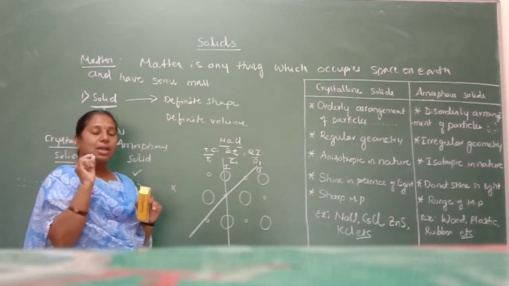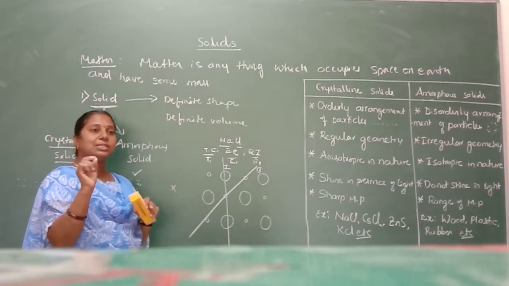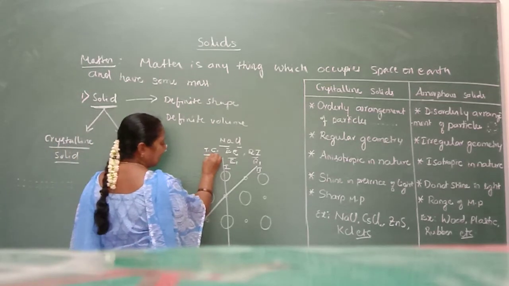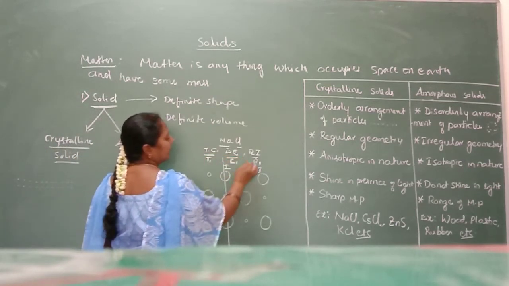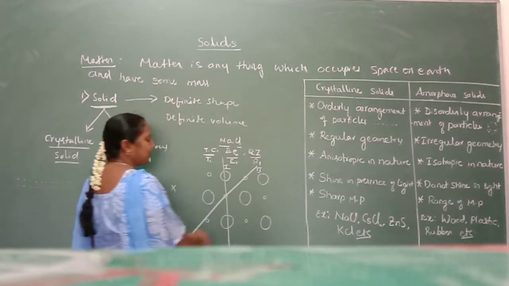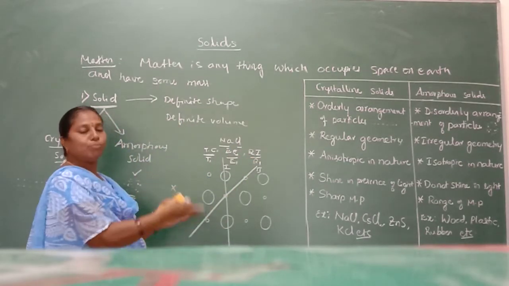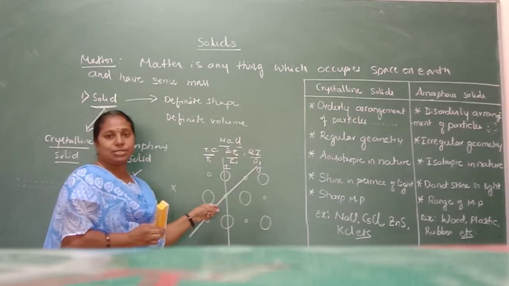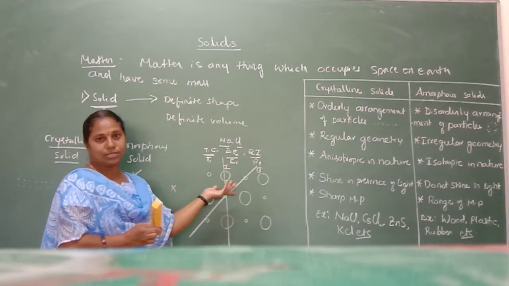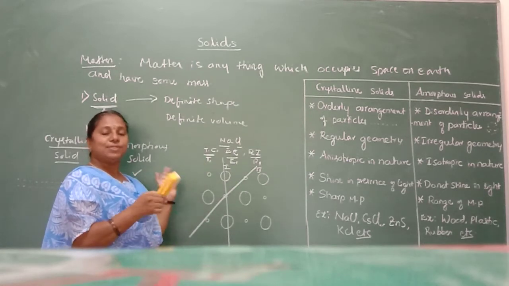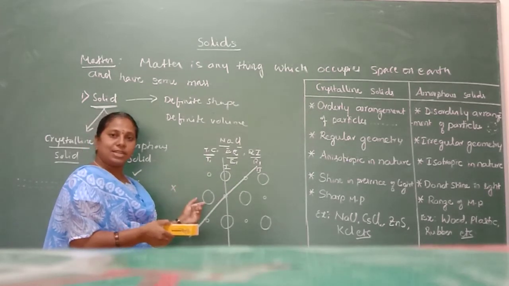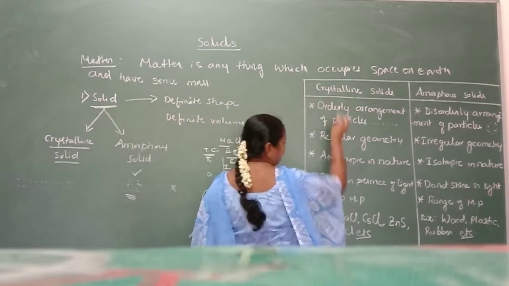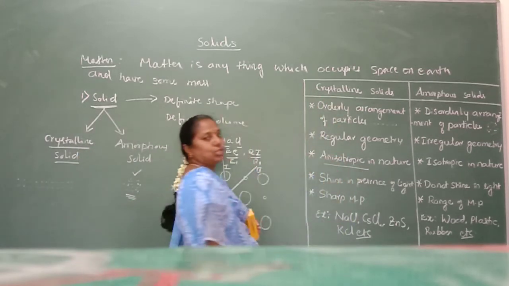Due to the different arrangement of particles in different directions, the values of thermal conductivity, electrical conductivity and refractive index vary from position to position. They are not the same in all directions. Since the values of physical constants are different in different directions in crystalline solids, crystalline solids are anisotropic in nature.